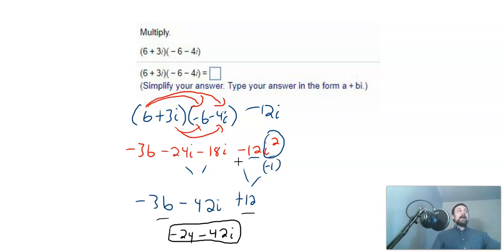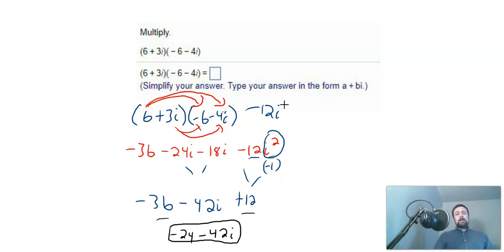That rule of thumb works really well. Treating i just like you would treat x, treat it just like a variable. The only time it isn't treated like a variable is right here. So once you see the i squared, you want to replace that with negative 1. And so otherwise, we treat it like a variable, and that works really well.